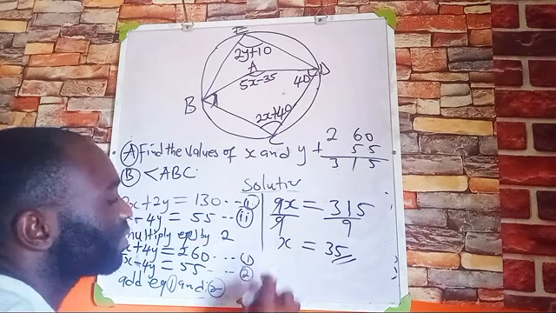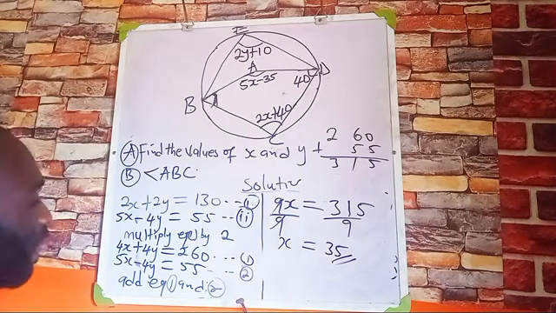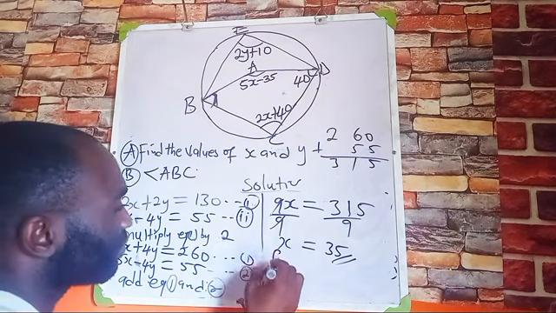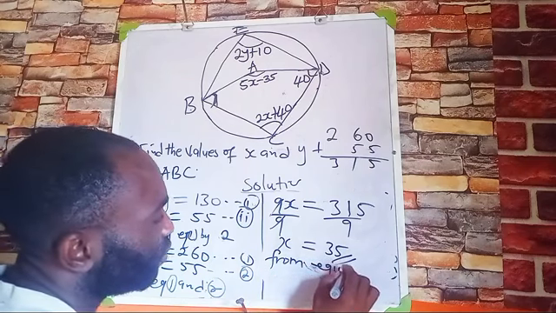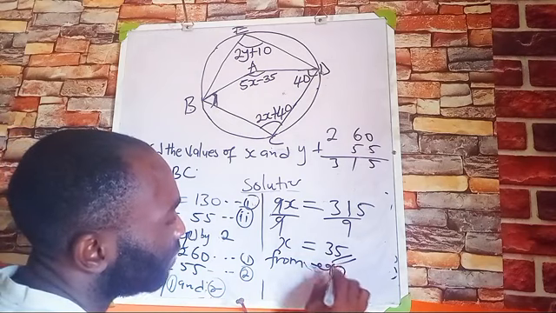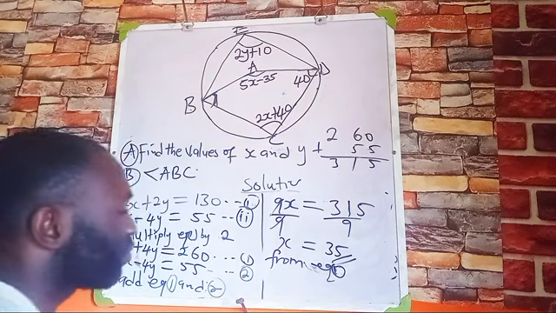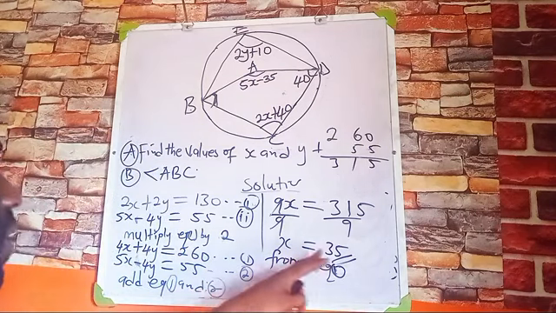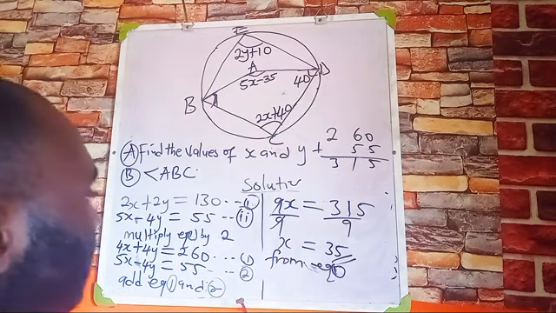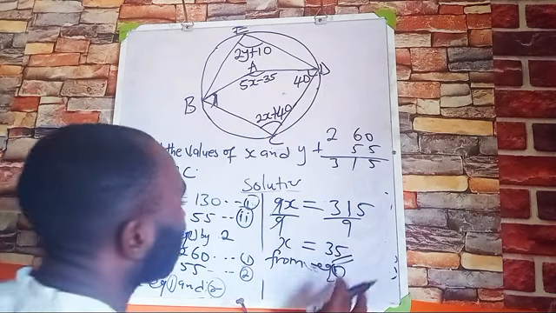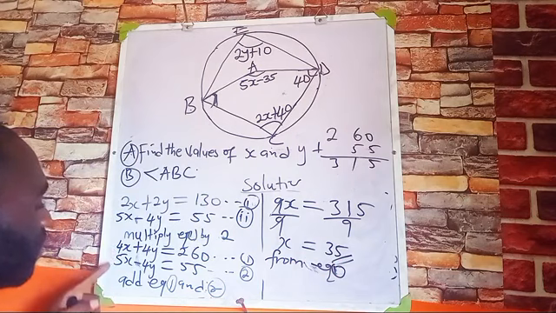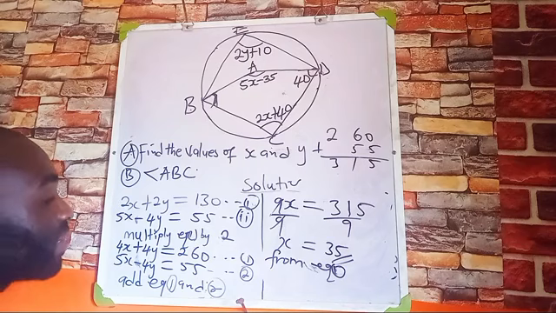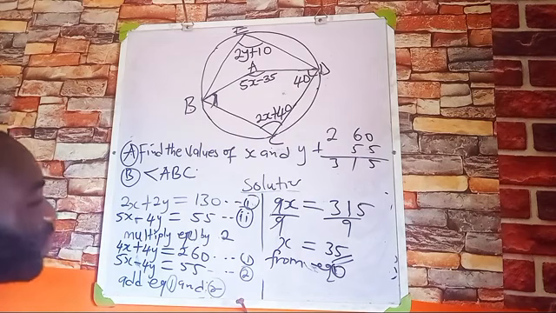So x is 35. Now for us to find the value of y, because we know the value of x, we can use equation 1. Or you can use equation 2, it's not mandatory that you use equation 1. So let's use equation 2.